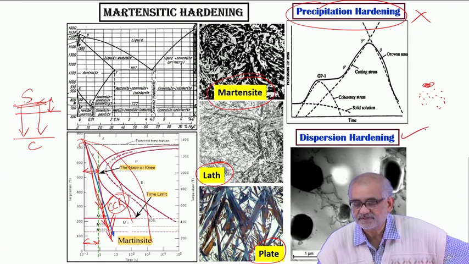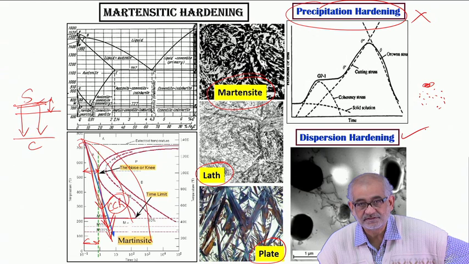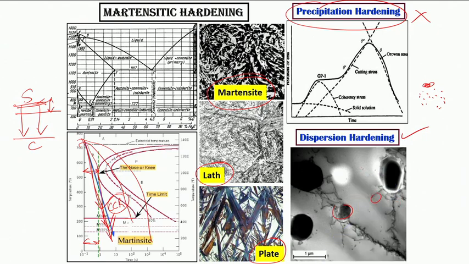But what you certainly expect is dispersion hardening. These nitrides offer strength to the surface by dispersing themselves in very fine form. Of course, remember, this is a very high resolution transmission electron microscopy microstructure. Typically these precipitates are very, very small.